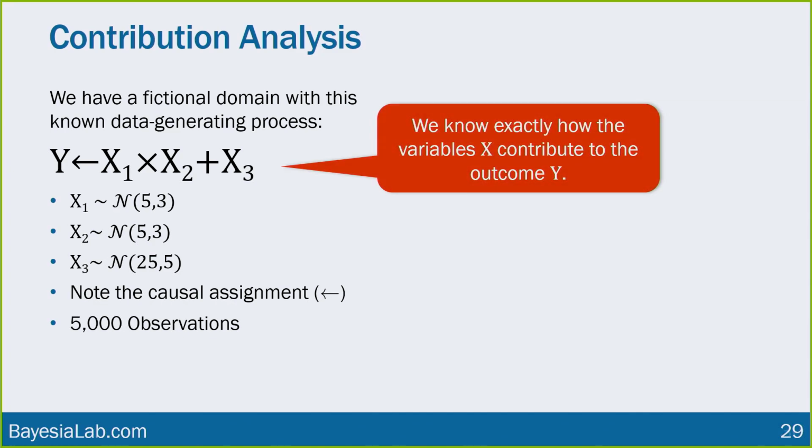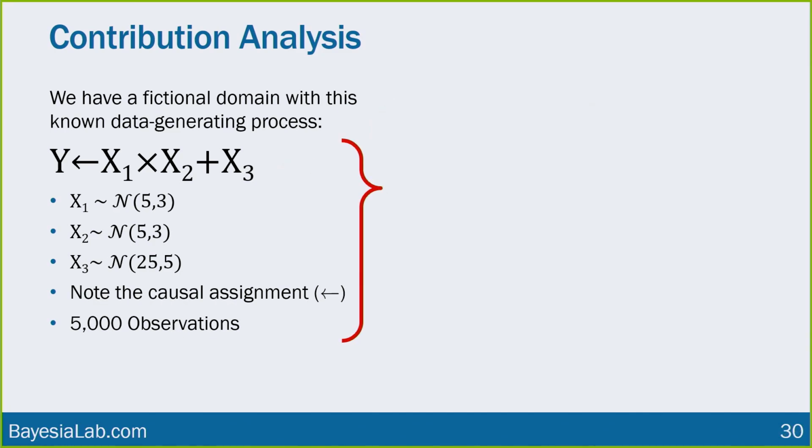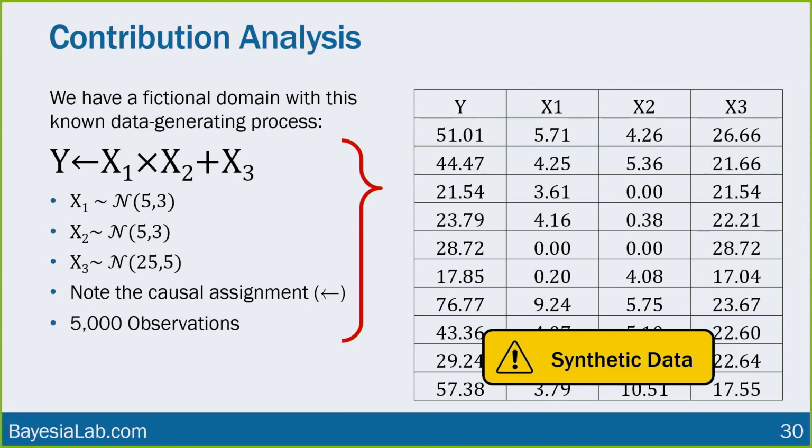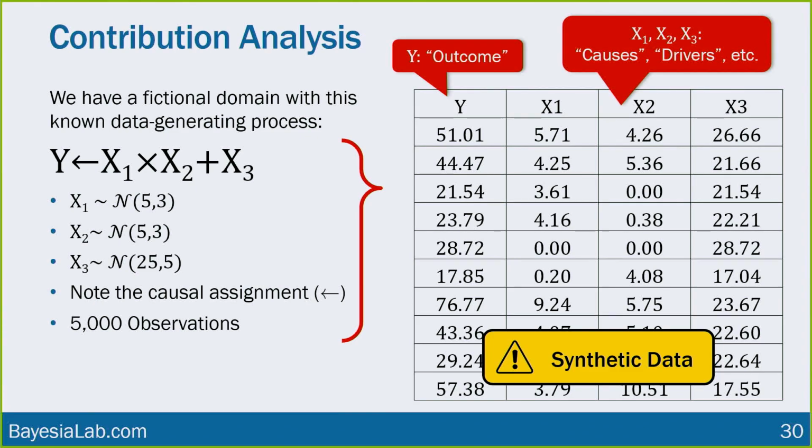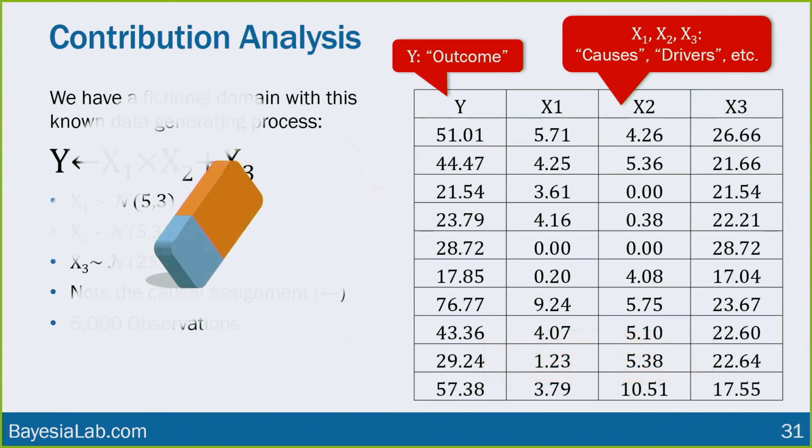Anyway, we're producing 5,000 observations. That produces our synthetic data set with x1, x2, x3 as drivers, or we may refer to them as causes, and y being the outcome. So that's our synthetic data set. And now that we have the data set, we'll erase everything we know about the data generating process, except the domain knowledge that the x's are the causes and the y is the effect.